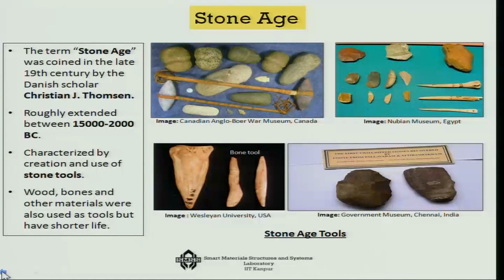The major implement by which the Stone Age is named is stones for various types of hunting purposes. You would see various shapes of stones.